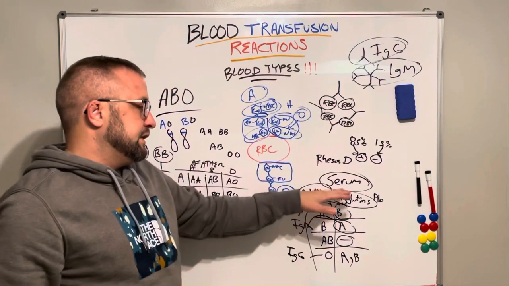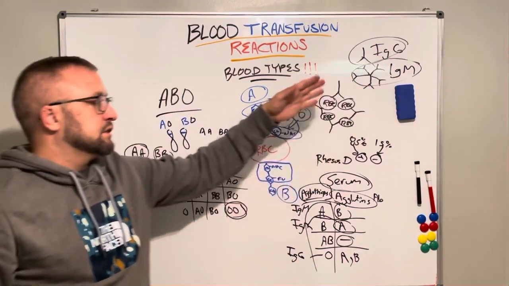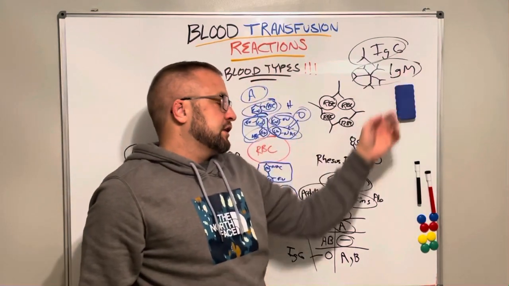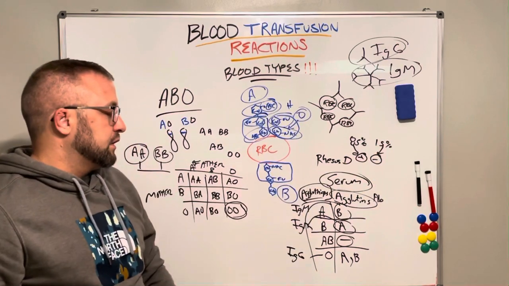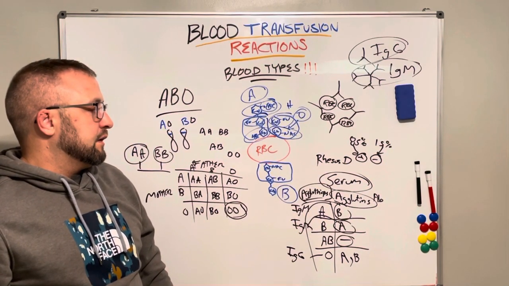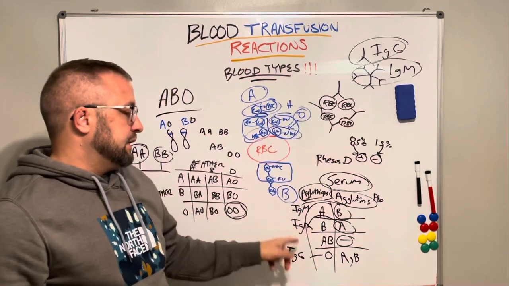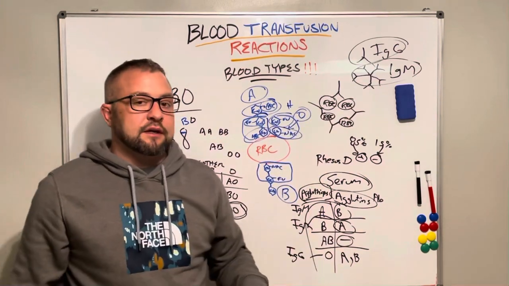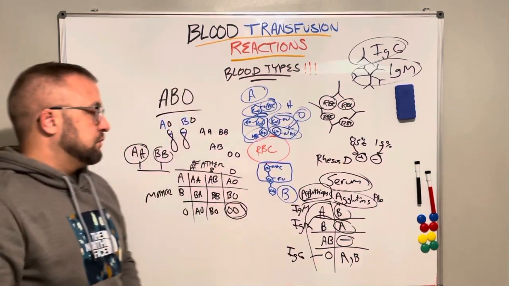But the importance of these being part of your agglutinins is that IgG is a lot smaller, so during pregnancy, these can cross. In O-type bloods, these IgG antibodies can cross over and affect the baby, whereas the IgM antibodies in these other blood types can't. They're too big, too bulky to cross over.